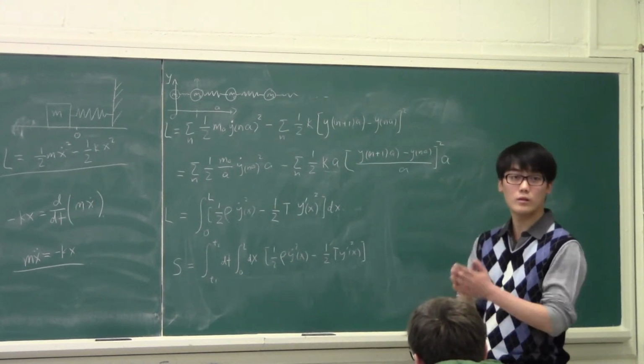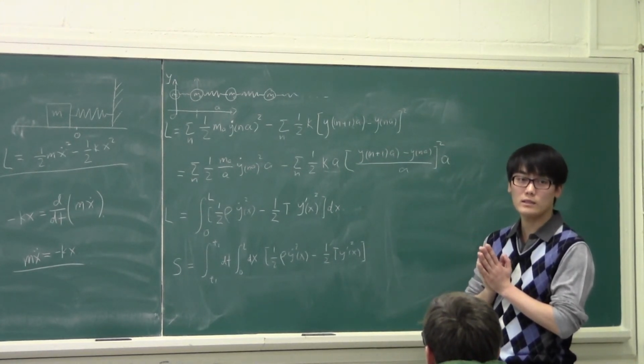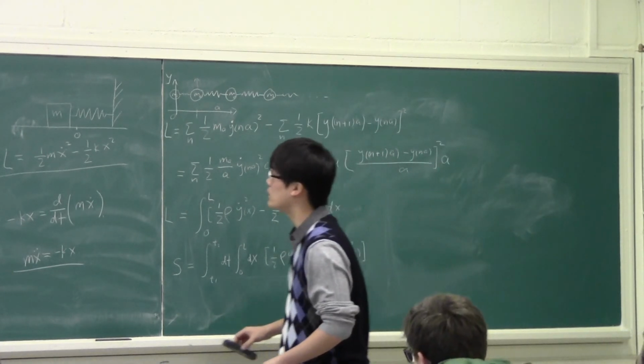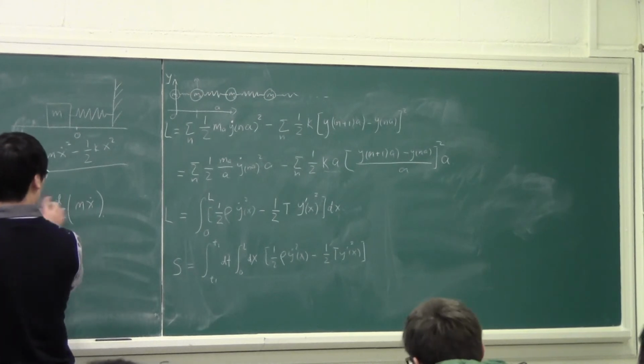What's that rho? The rho is the mass density of this string. Right, the linear mass density, as you can see from dimensional analysis here.